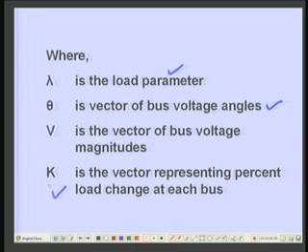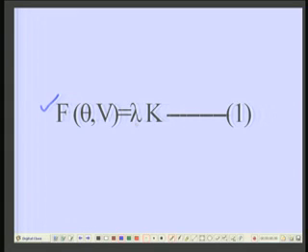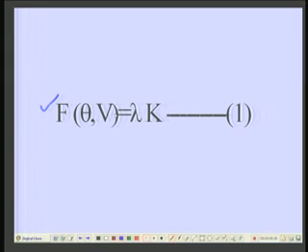In the equations, what we find is lambda times k. We can fix some percent load change and multiply by a parameter lambda. The magnitude of lambda varies from 0 to some critical value. It means the amount of load change which we put here is adjustable.